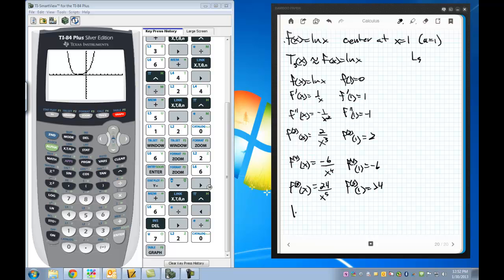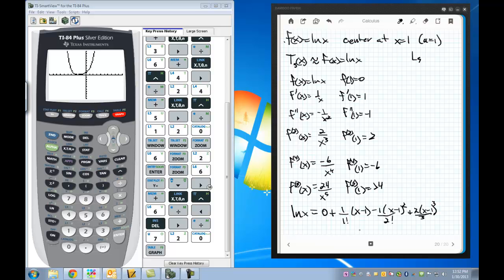So I've got this. That tells me that the natural log of x can be written as 0 plus 1 over 1 factorial times x minus 1. Minus 1, let's not get too crazy. You ready? This is where we get crazy. Minus 1 times x minus 1 squared over 2 factorial, plus 2 times x minus 1 cubed over 3 factorial.